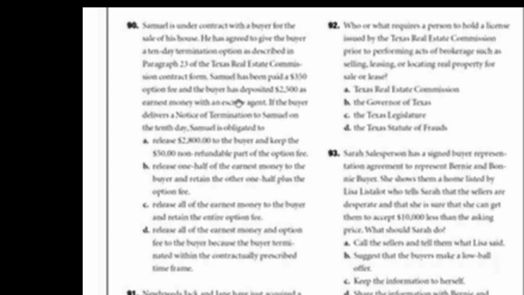Okay, an escrow agent can be an attorney or an escrow agent within a title company, because as I mentioned earlier, title companies and escrow departments are in one building. So we'll usually say, take the escrow money to the title company. If the buyer delivers a notice of termination to Samuel on the 10th day, Samuel is obligated to do what?